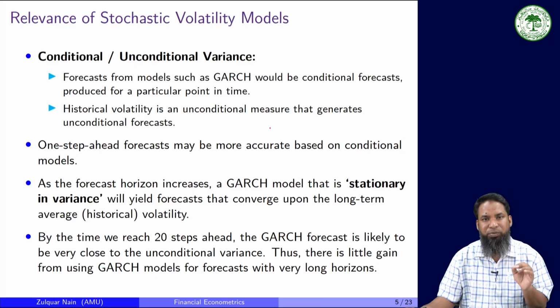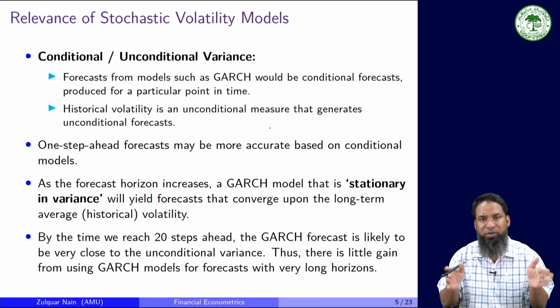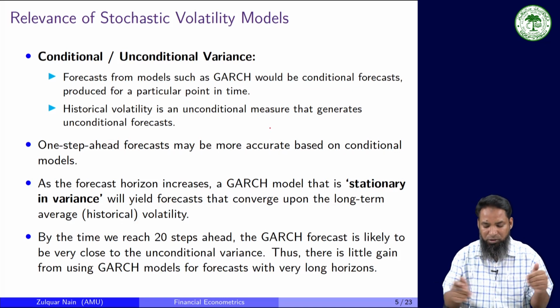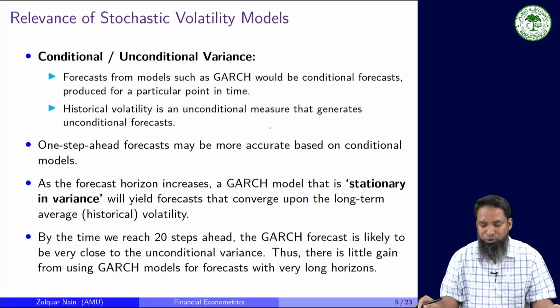In such cases, because we are using all the information available up to time t to forecast the variance at t plus 1, that would be more accurate. However, when we ask for a long-term horizon forecast, then we do not have much advantage. Why do we not have much advantage? Because in the GARCH model, what we are assuming is stationary variance.